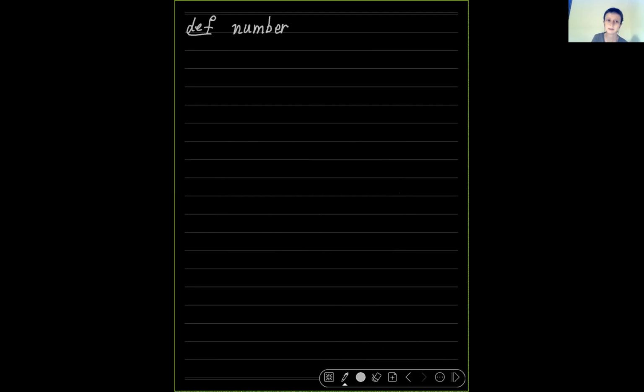So the definition of a number field here is, you take the rational numbers, we're going to call them Q, and you attach to them something else. But this something else is going to be any solution to a polynomial that has integer coefficients.